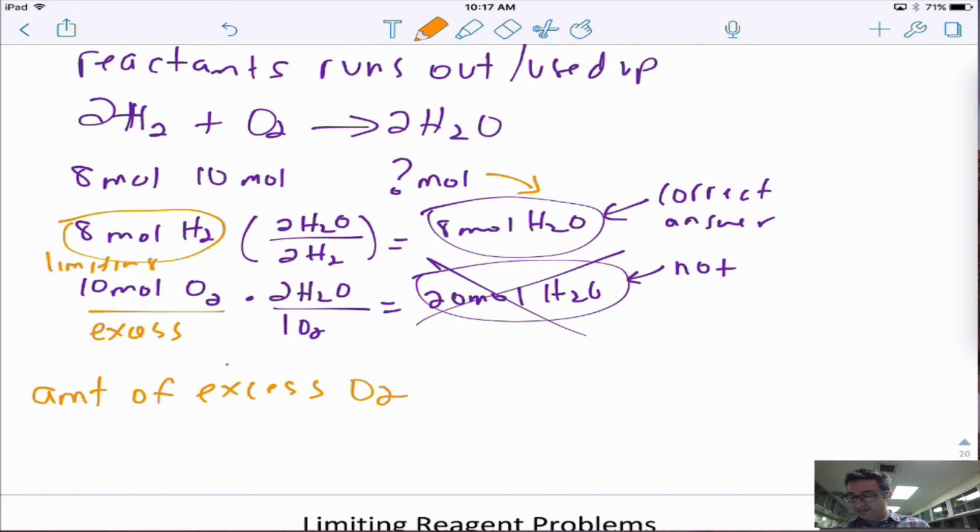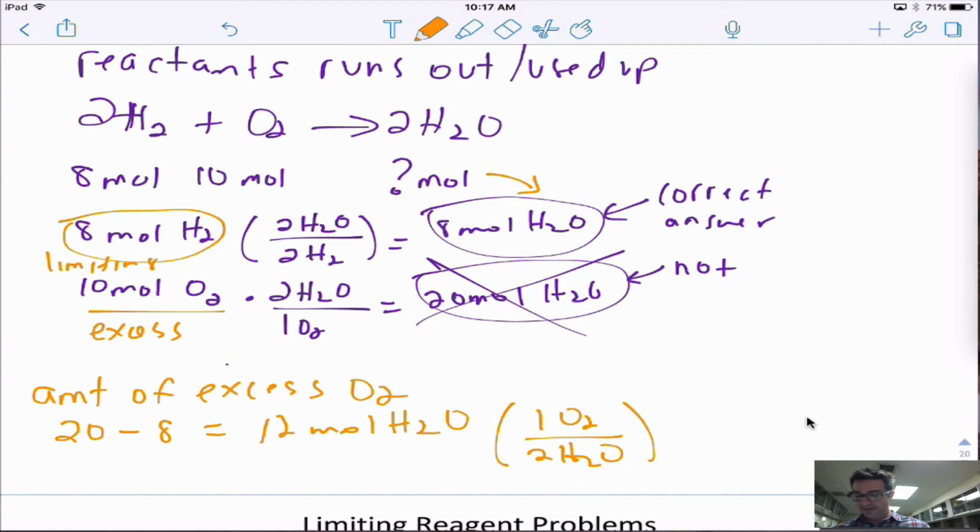So if we take 20 minus 8, that's a difference of 12 moles of H2O. So now, how do I go about finding out how much O2 is left over? Well, I just do a ratio of them. 12 moles of H2O times 1 O2 for every 2 H2O. That will give us 6 moles of O2 remaining. And we're done. It's that simple.